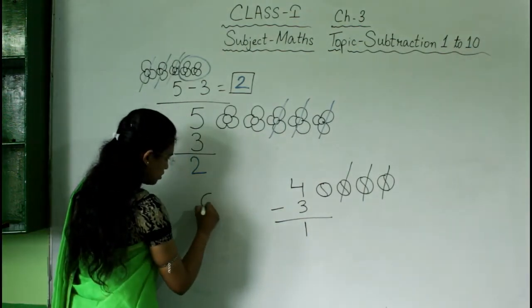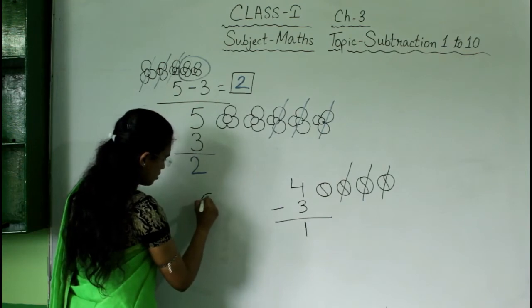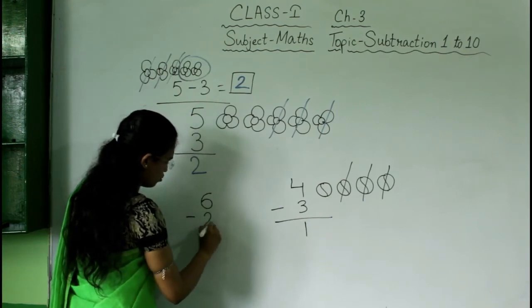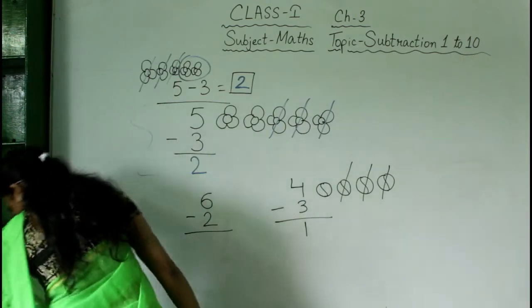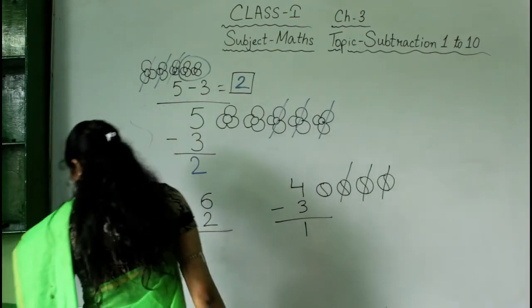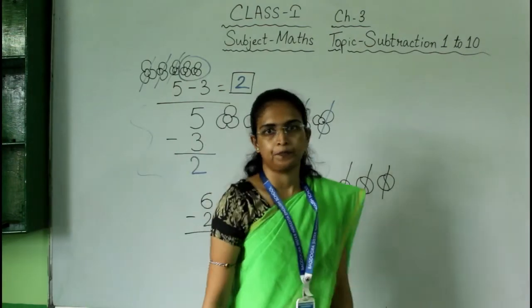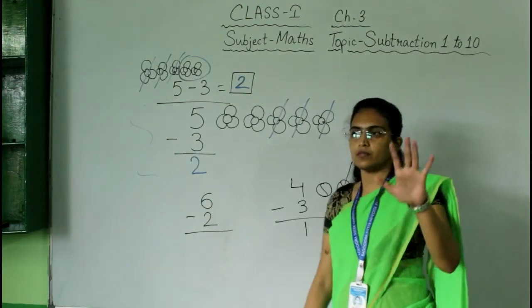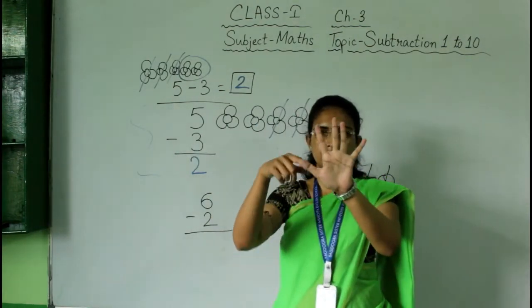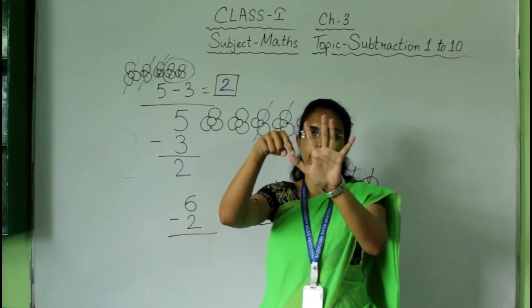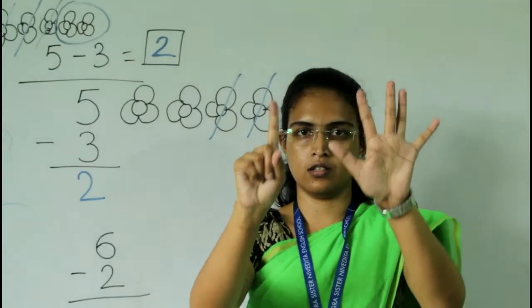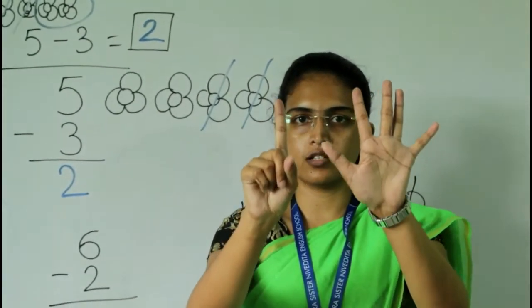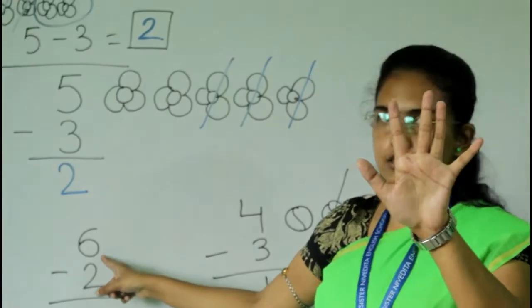Now the next question is 6 minus 2. Okay, now I will show you another process of doing this. 6 minus 2, okay? How many fingers? Let's count 1, 2, 3, 4, 5, 6. Now I have 6 fingers. 6 is written here.